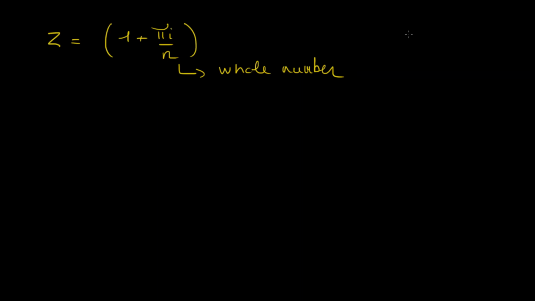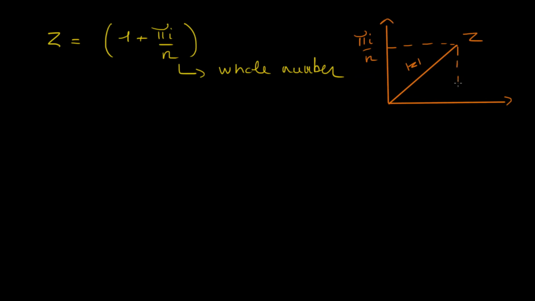If we were to represent z on a complex plane, it would look something like this. So maybe z would be somewhere over here. So its modulus would be this distance, modulus z. It would have an imaginary part of pi i over n, and a real part of 1.